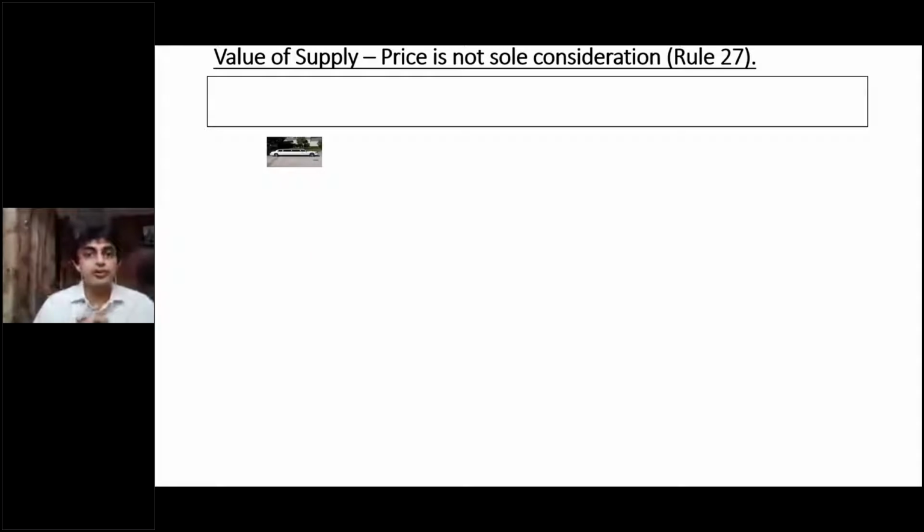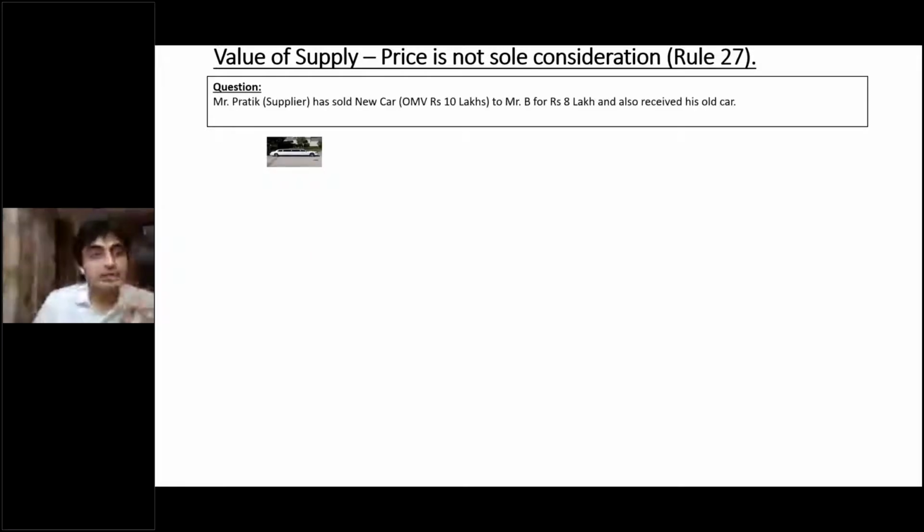Chalo, let's do this. See this question. Very, very important, but simple. See this. I sold a new car, jiska open market value was how much? 10 lakh rupees. I sold a new car whose open market value was 10 lakh rupees to Mr. B for 8 lakh rupees. See this, Mr. B is not a related person, but 10 लाख की गाड़ी कितने में बेची?